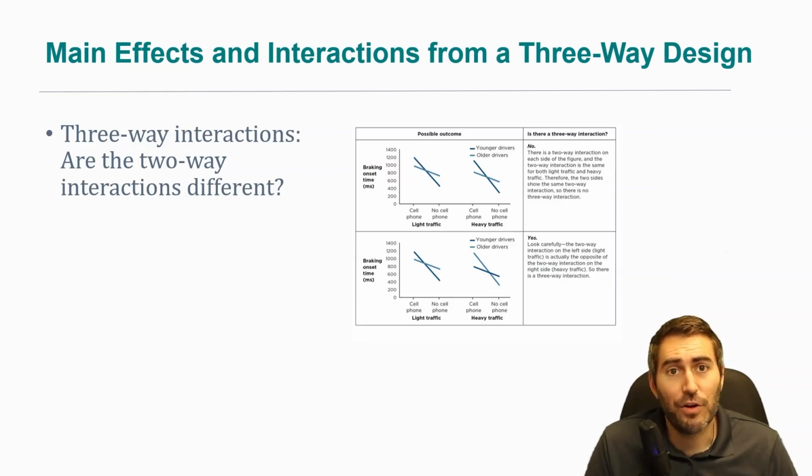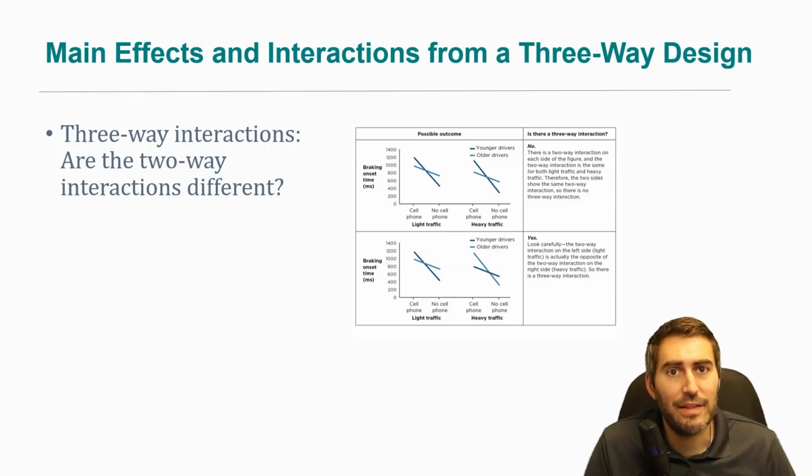Again, here we can look at the 2 graphs to determine, is there a 3-way interaction present? Once again, there is no 3-way interaction present in the top graph since each 2-way interaction in this is the same. So although there are two-way interactions present here, since they are the same at both levels of the third independent variable, then no three-way interaction exists.